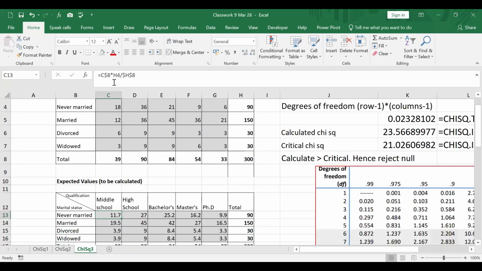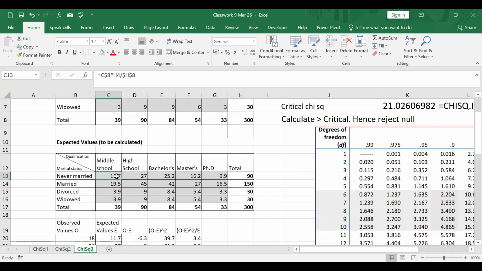I put the dollar sign here so that I can copy this to the next line. So it is C$8 H4. Now when it comes down, I want it to become H5. So I copy it here and see the formula has become H5. Other things remain the same. They have to remain the same.